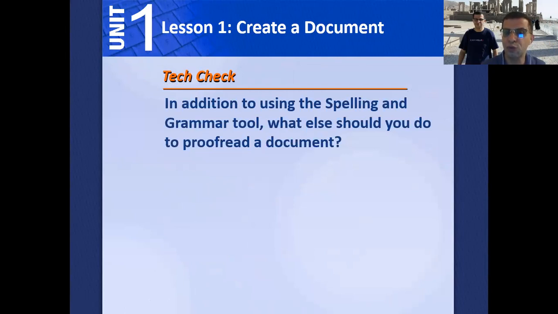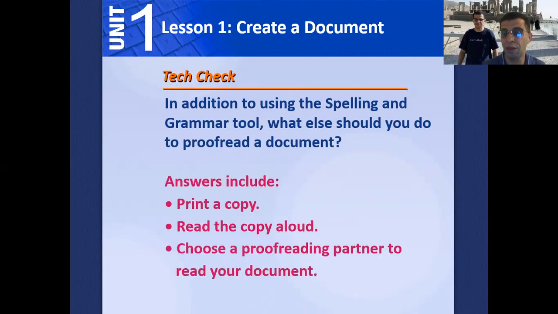In addition to using the spelling and grammar tools, what else should you do to proofread a document? You can print a copy, you can read a copy aloud, you can choose a proofreading partner to read your document.